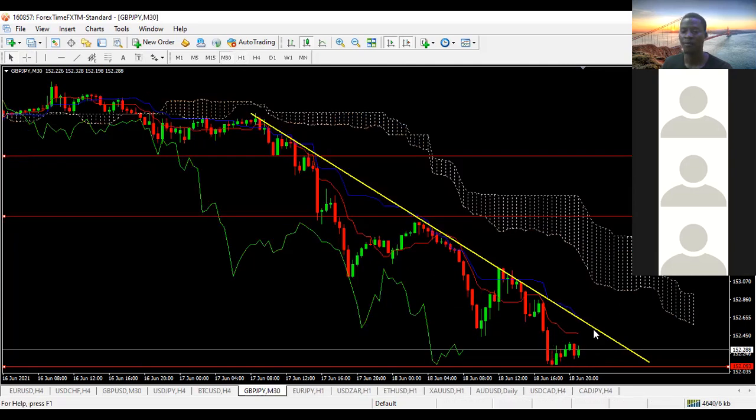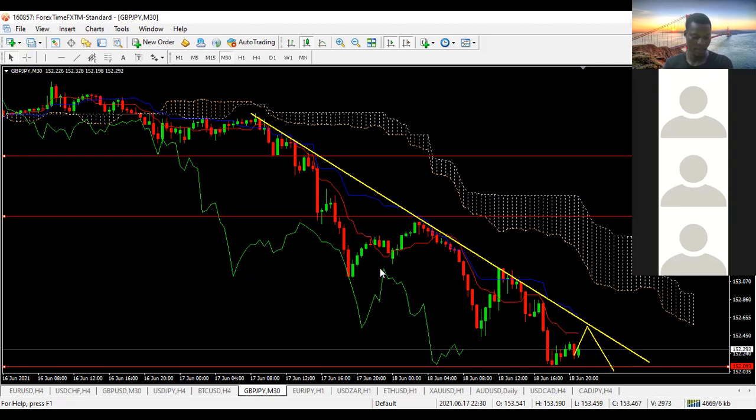Just wait for the trend to break if you are going to buy, or just allow the market to touch the trend or the moving average, and if it's ready to go down again, you can follow it down. This is how to fetch entry from the lower time frame.